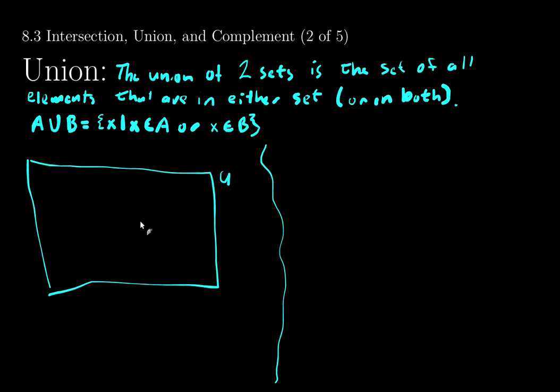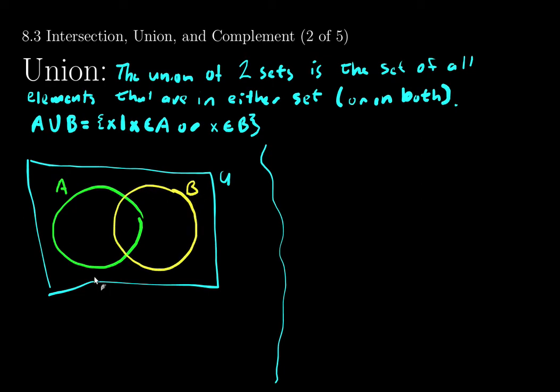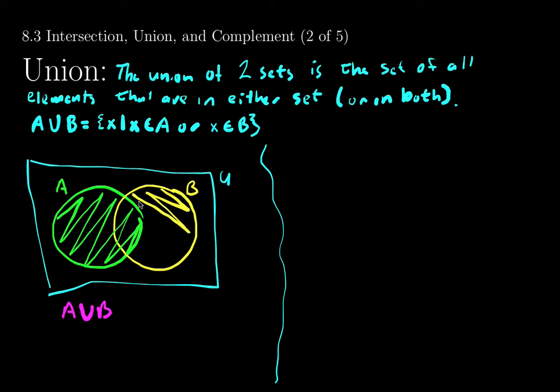We have the set A. We have the set B. And we are trying to find the union of A and B. We can see that this green shaded area is everything that's in A. This yellow shaded area is everything that's in B. And this unshaded black area around is not in A and not in B.